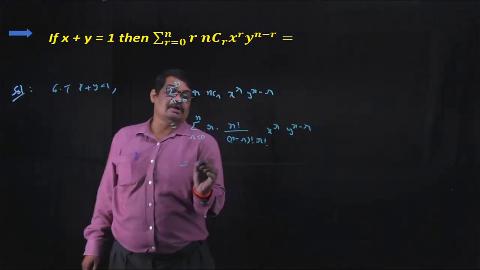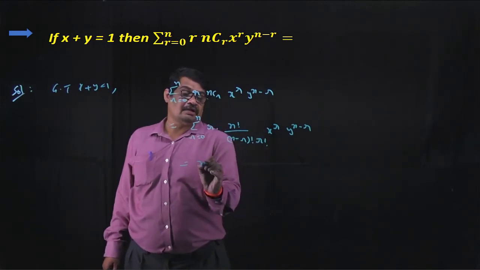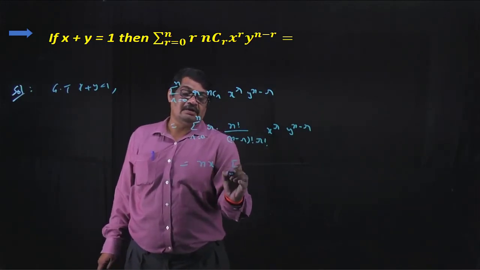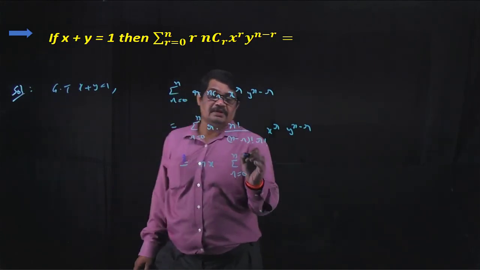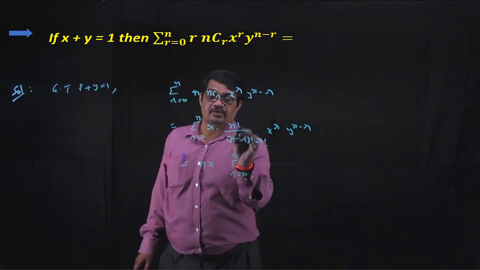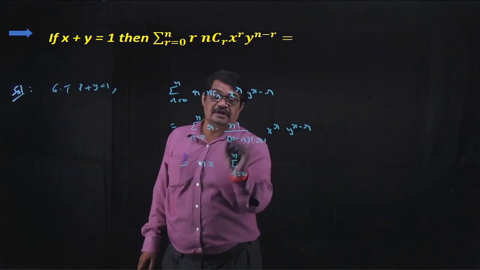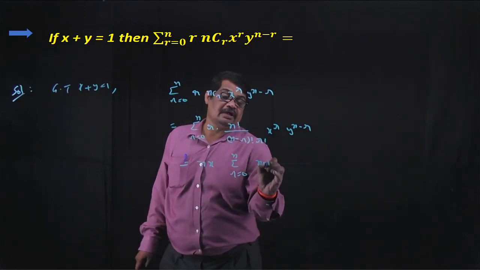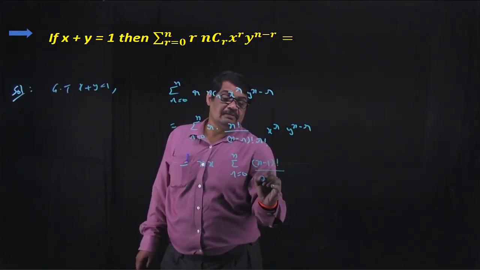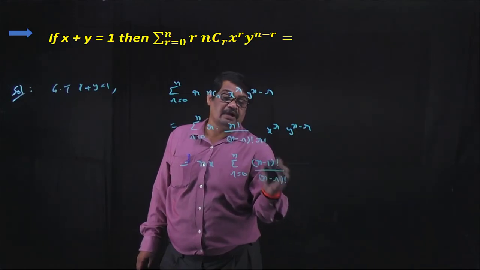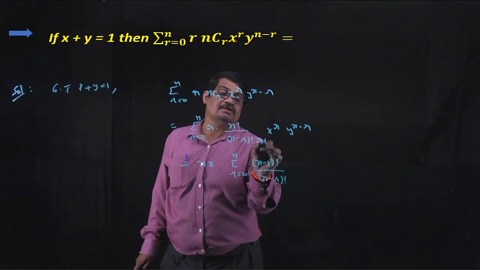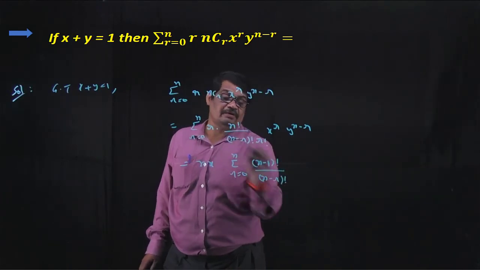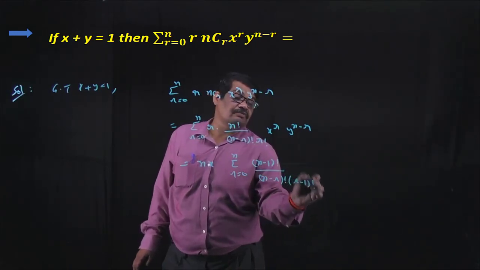Now we take common n and x out, with r from 0 to n. Here n! can be written with n common, so we get (n−1)!/(n−r)!. Here r! can be written as r · (r−1)!. The r will be cancelled, leaving (r−1)!.